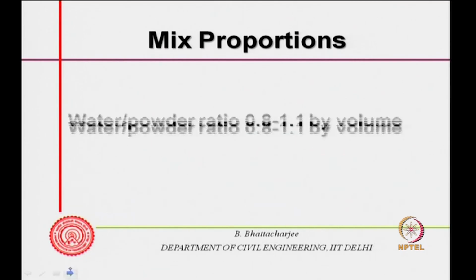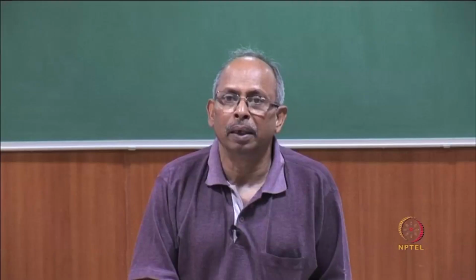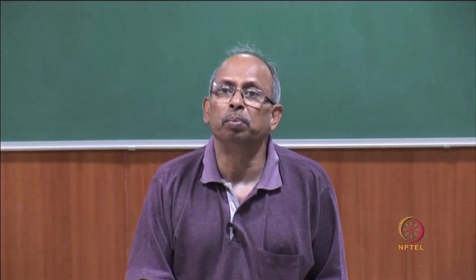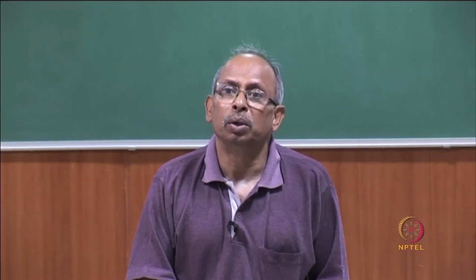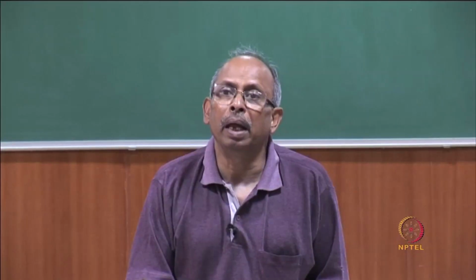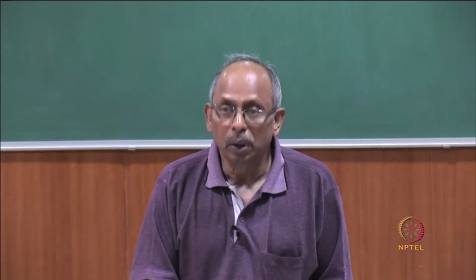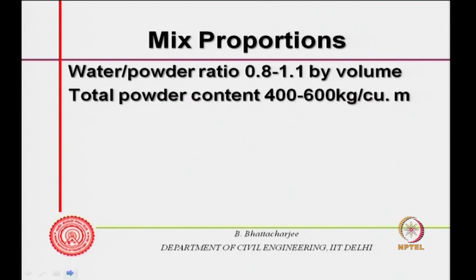Just to remember what we did in the last lecture, we said that water to powder ratio should be 0.8 to 1.1 by volume, something of that order. Total powder content ranges from about 400 kg per meter cube to 600 kg per meter cube.